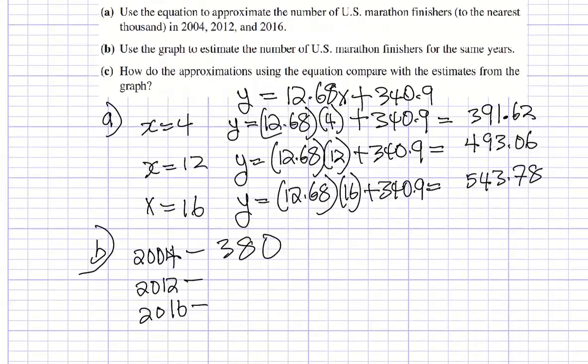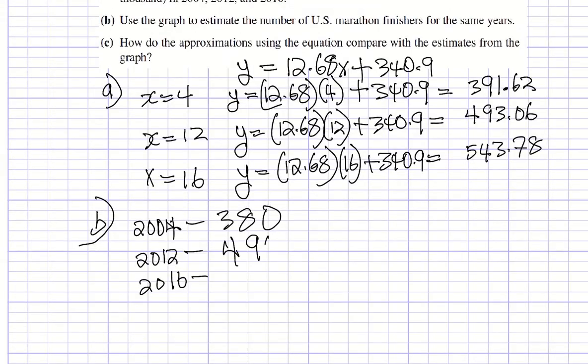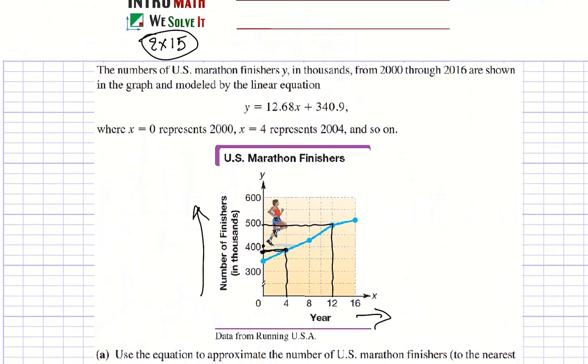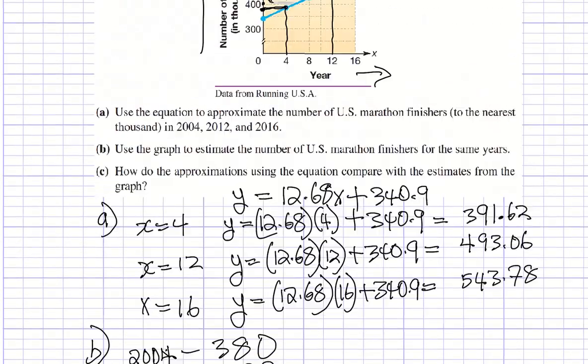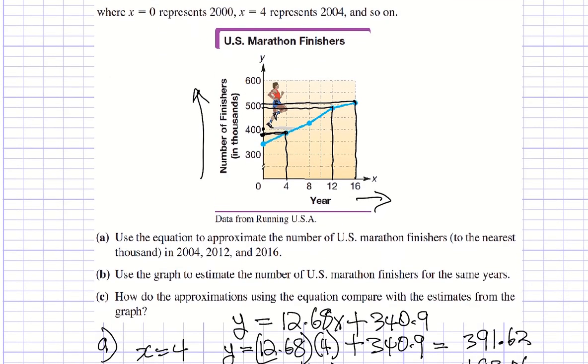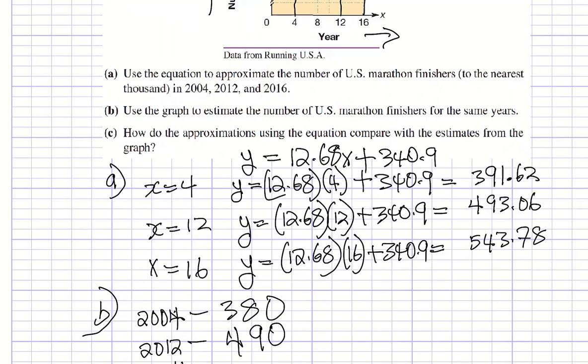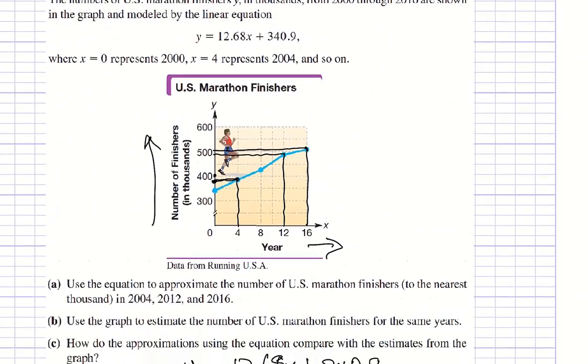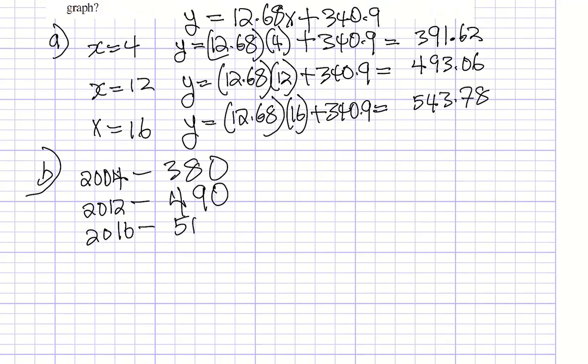So let's say 490, or even 492 or something. Yeah, this is not very precise. Then the other year, 2016. You go from here to there. It's a little bit over 500 right there. Maybe 515, something like that. But that's my estimate there.